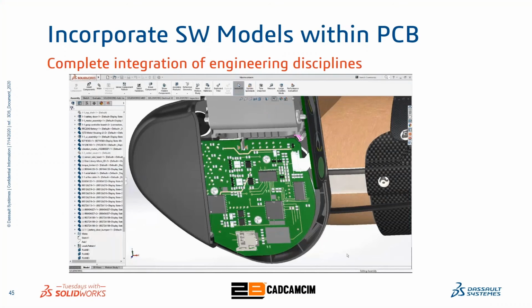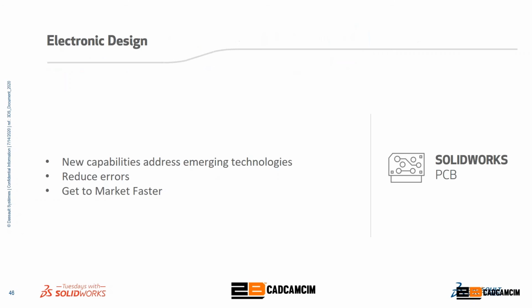Our mechanical team can now finalize mounting locations, check for enclosure clearance, and run a thermal analysis to make sure we have adequate cooling of the board. SOLIDWORKS PCB enables the productivity you need to design printed circuit boards quickly, along with unique collaboration between electrical and mechanical design teams.